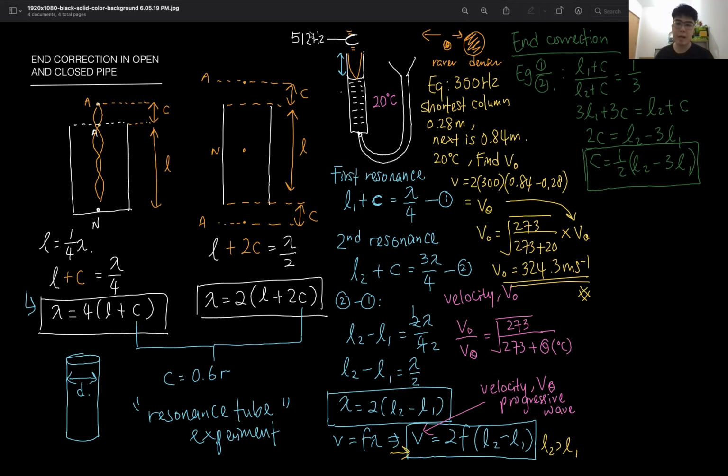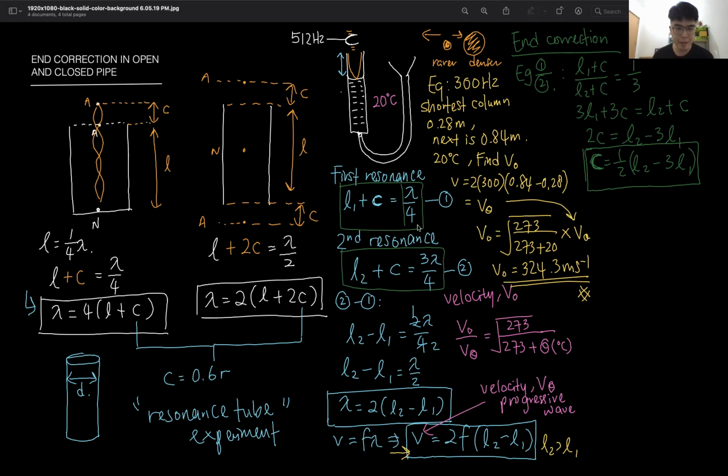Now, I got this end correction equation by assuming that the first resonance is the fundamental mode, because I take this equation and also this equation and arrive at the equation for C. This is based on the assumption that the first resonance is the fundamental.